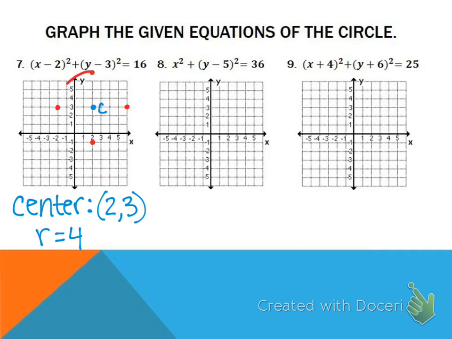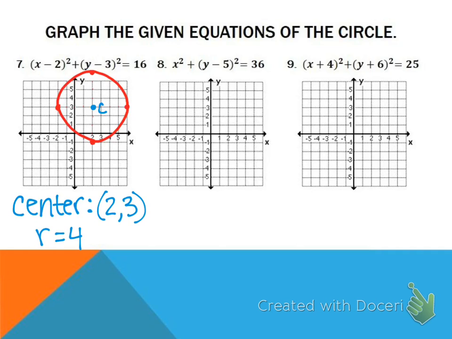It should not have sharp edges. Does that make sense? We should be making curved lines that go through these points. Notice mine's not perfect, and that's fine. I want you to do your best. If your circle touches your center, you're not getting any points. The circle should never touch the center. Okay?